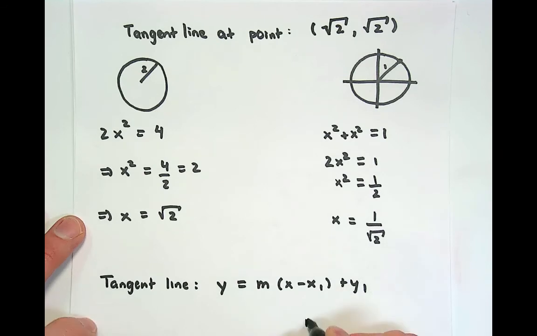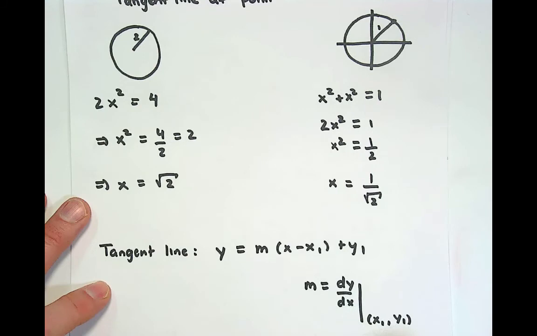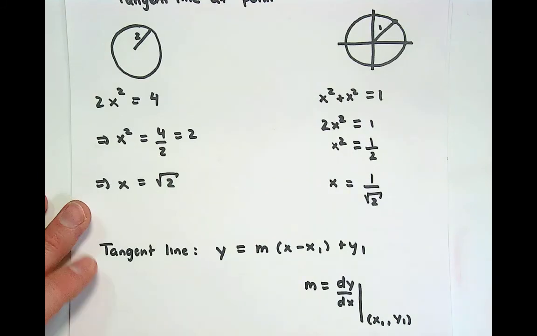We knew that m was going to be the derivative of y with respect to x at the point x1, y1, but we just saw in the last part of this video that this is going to be negative x1 divided by y1 based on implicit differentiation.